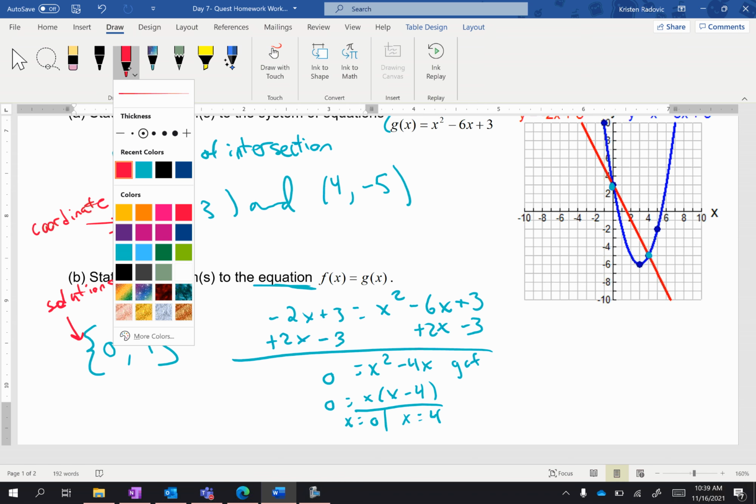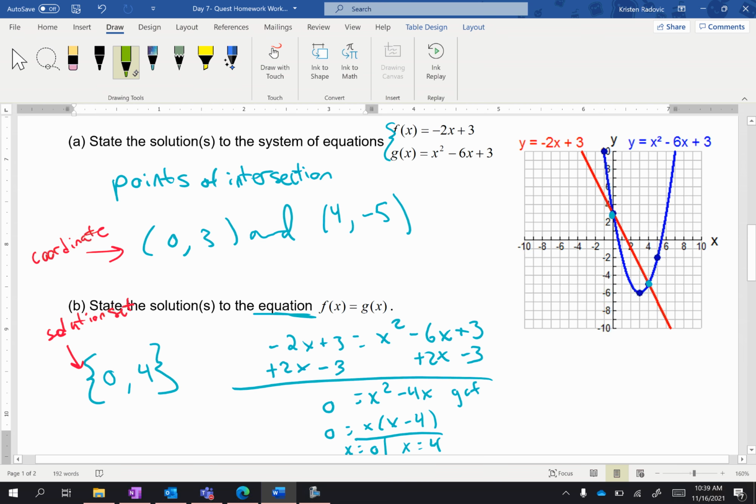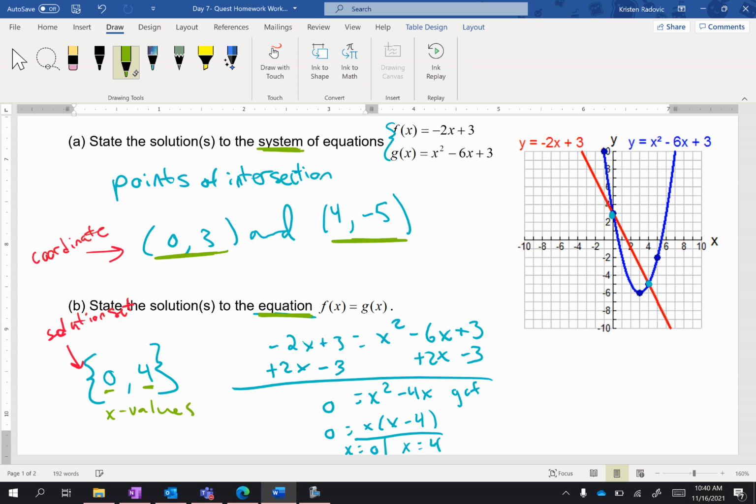And if we examine the difference between these answers, we could see how the wording makes a difference. When there is one equation, we only had x values as our answer. But when there was a system, we needed coordinates, x and y.